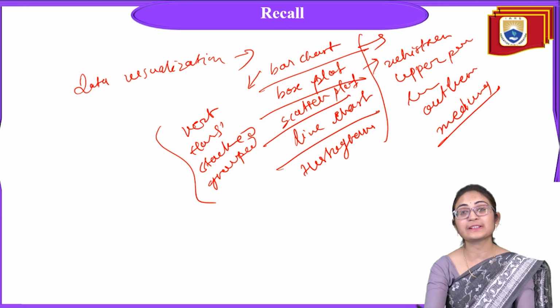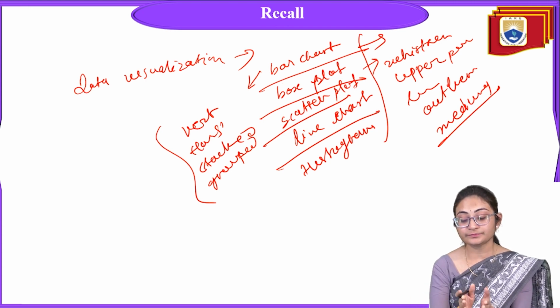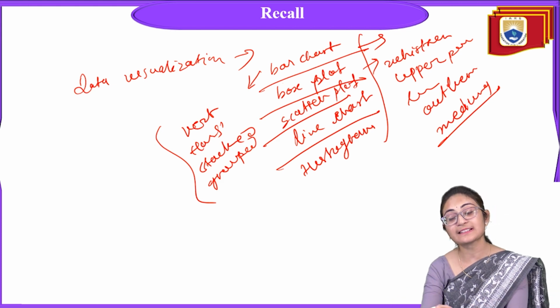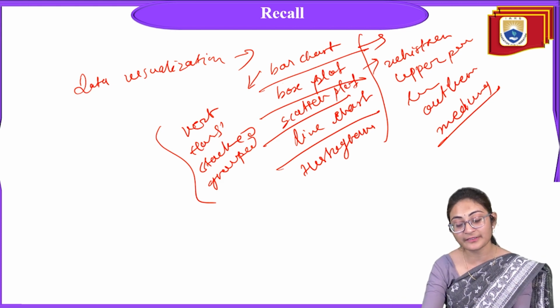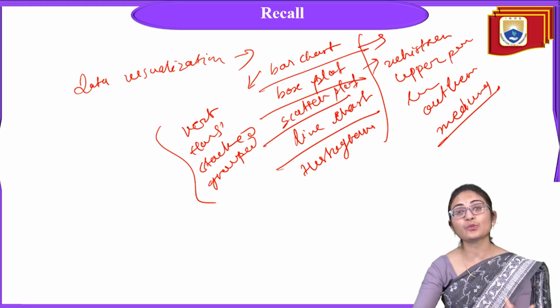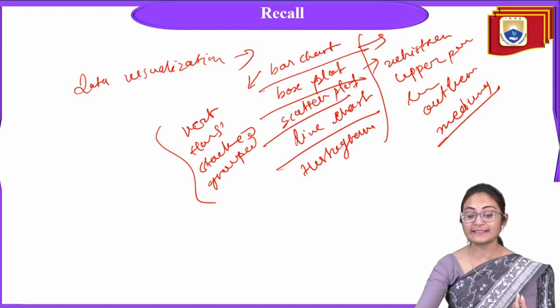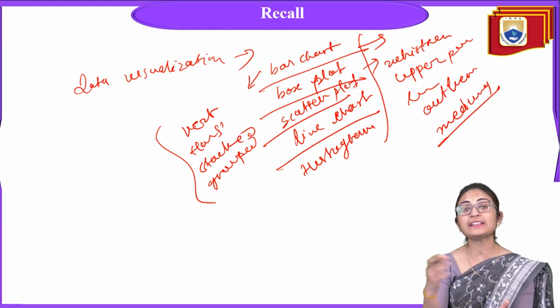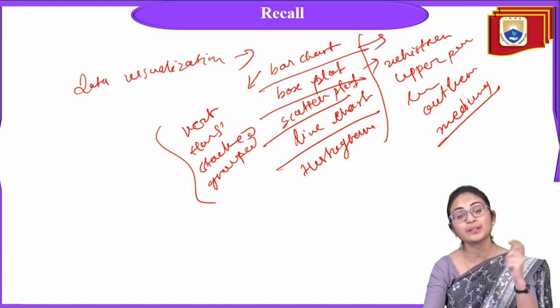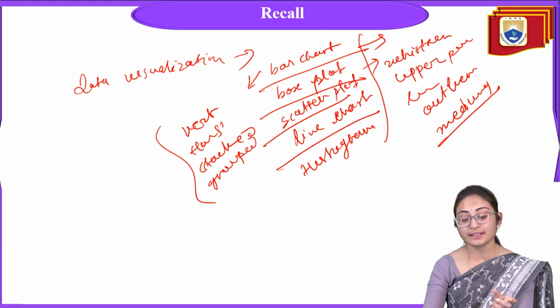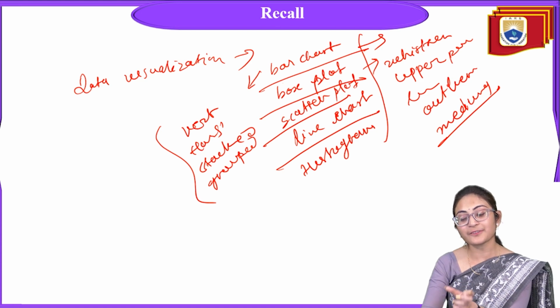Then we have seen the line chart. In a line chart, multiple lines are available and a single line is available. A single line chart is very easy to understand and analyze. But if we are using the multiple line chart, at that time it can become a confusing graph.